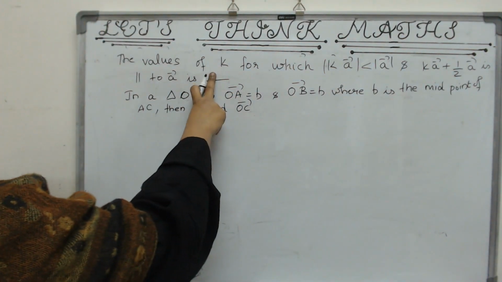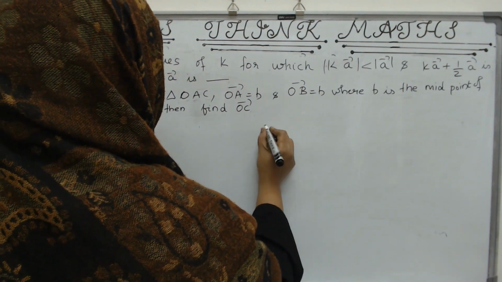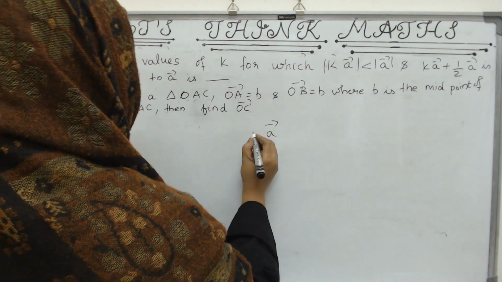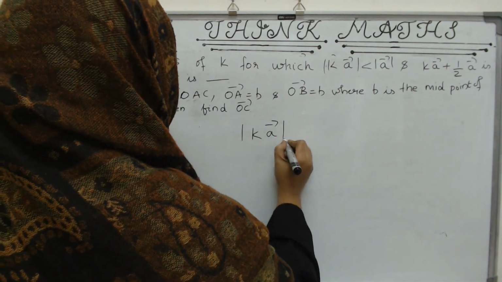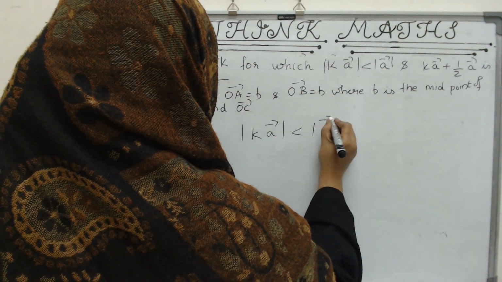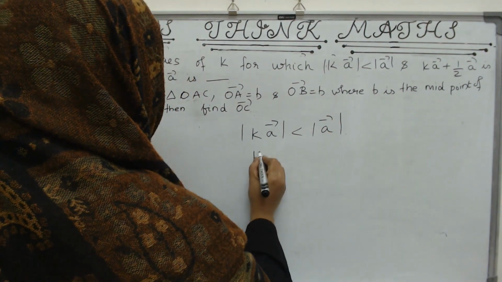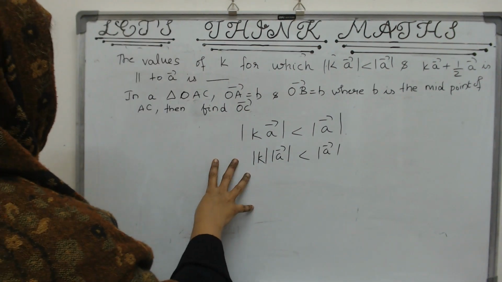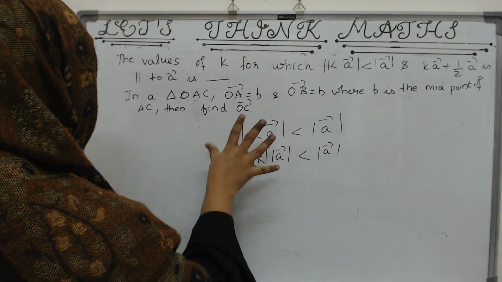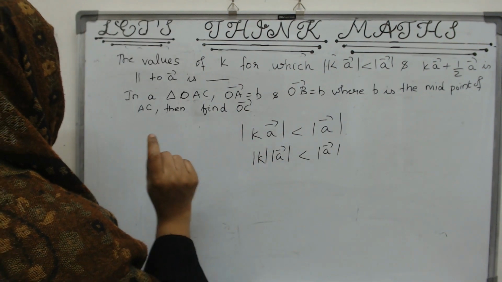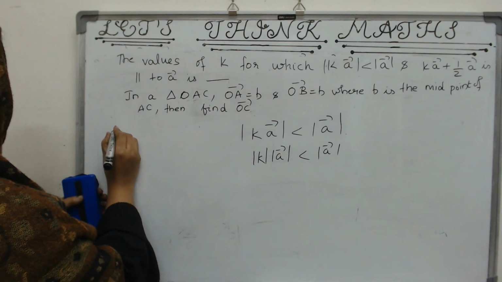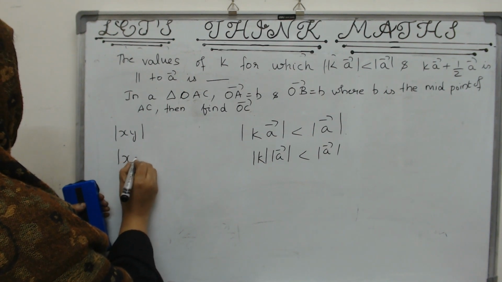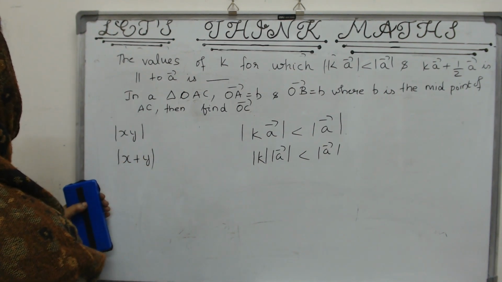Now look at the first question. There is a vector A and we have to find a k which satisfies this condition. Now before I go any further, I just want to explain one important step which tells you an important property of the magnitude: how the magnitude of a product of two numbers and of a sum or difference of two numbers is different.